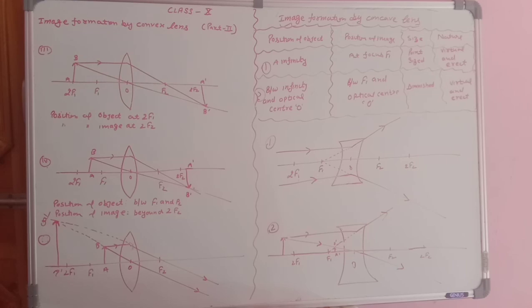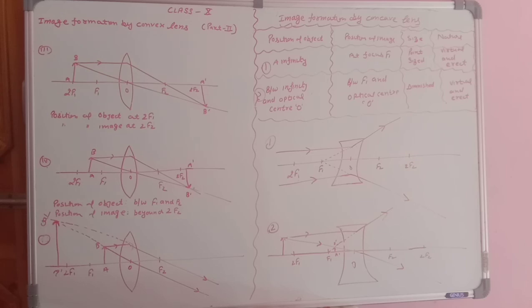Okay, so I hope, students, that the ray diagrams for convex lens and concave lens are clear to you all. So this is enough for today. Do write all these tables and everything in your notebook and draw ray diagrams with a drawing pencil. If you draw your ray diagrams with a ball pen, your notebook will not be checked and you will need to prepare your notebook once again.